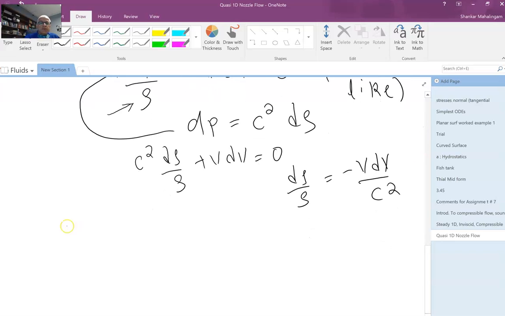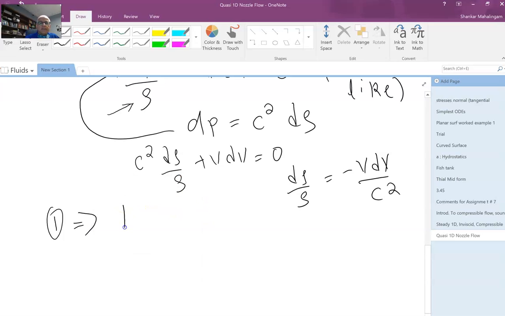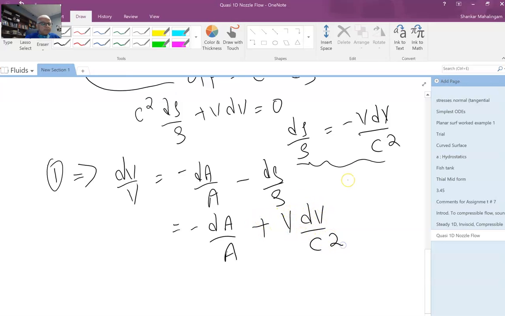If I go back to equation 1 and rearrange it, I can write dV divided by V equals negative dA over A negative d rho over rho. So I move the dA over A and the d rho over rho to the right-hand side of that equation. I can write this as minus dA over A, and for d rho over rho, we got an expression for that, so we can stick that in. It's going to become a plus V dV over c squared.